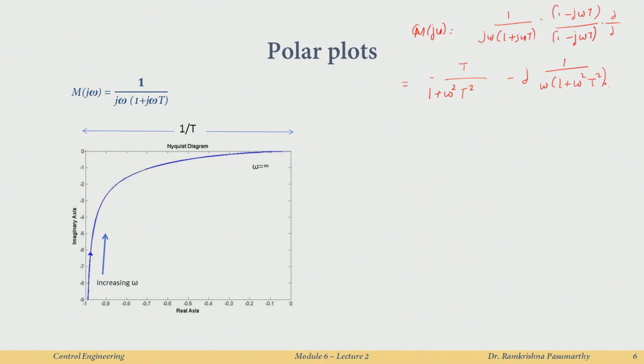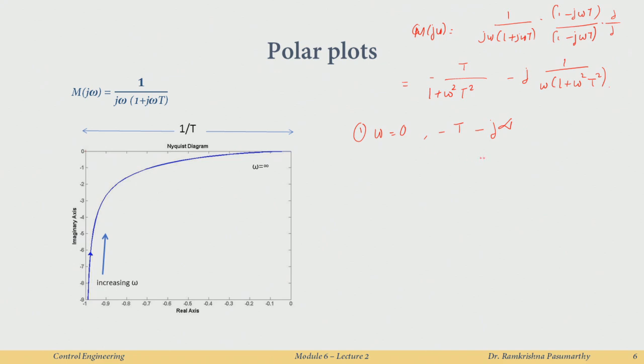I just do the computations and I say, well, what happens first when omega is 0? Okay, so when omega is 0, the real part becomes minus t, okay, and well, this guy blows up to infinity, right. So I have some complex number which looks like this, minus t minus j infinity.